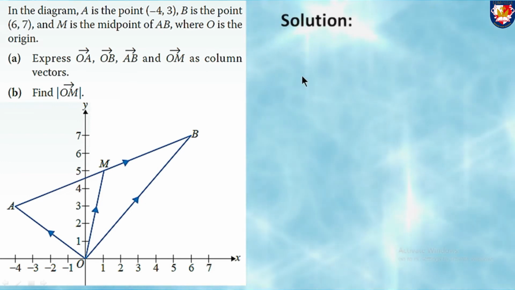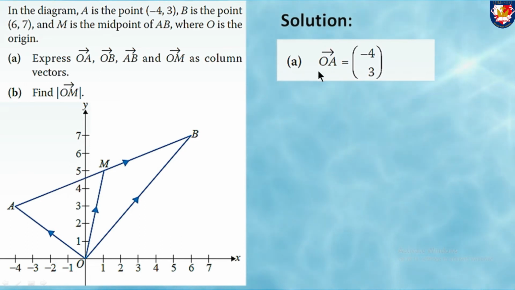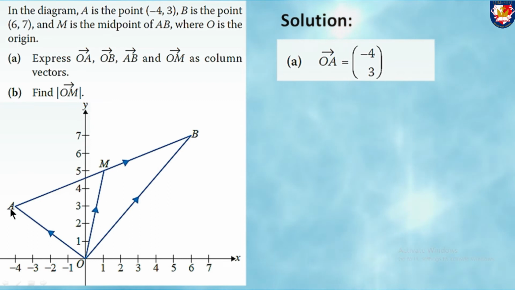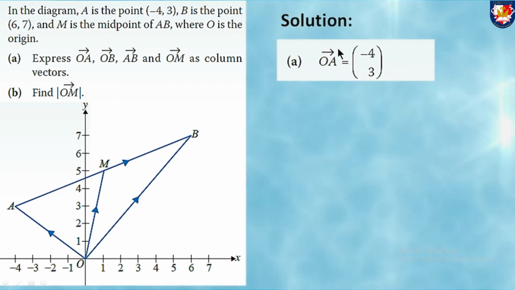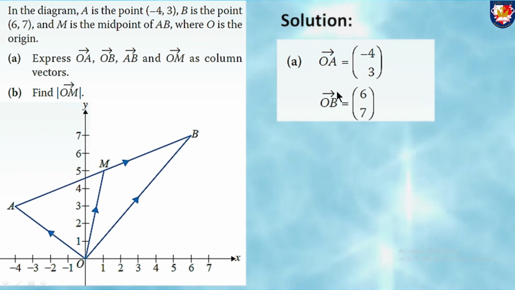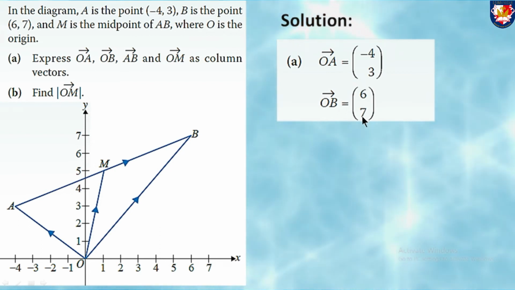We're going to express vector OA first. Vector OA is the position vector of point A. We know that point A is negative 4 and 3, so vector OA equals negative 4 and 3. Next, vector OB is the position vector of point B. We know point B is 6 and 7, so vector OB equals 6 and 7.